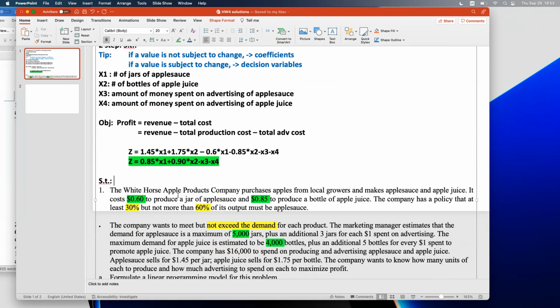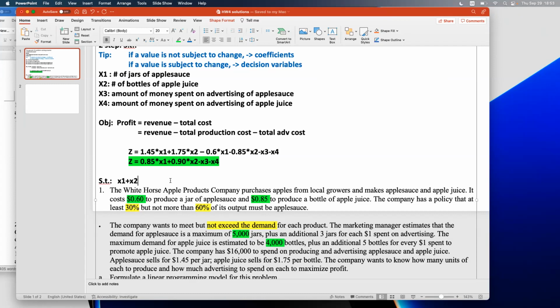We need to read the problem one more time. The company purchased the juice, that's the cost information, which we have used. The company has a policy that at least 30% but no more than 60% of output must be applesauce. So what's the total output? The total output is going to be X1 plus X2, right?